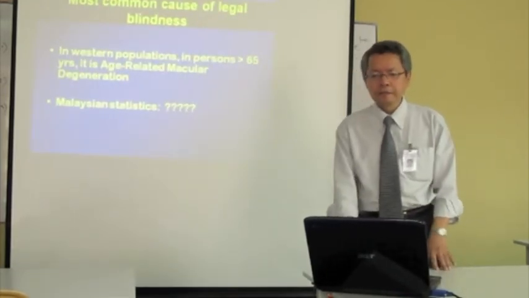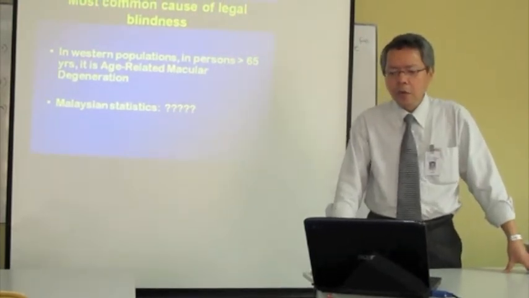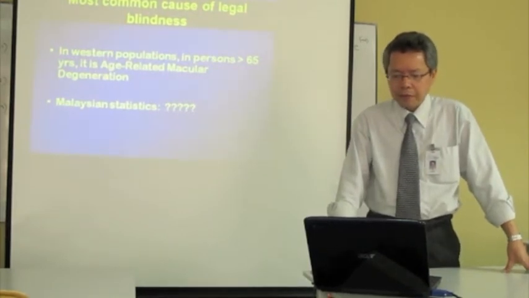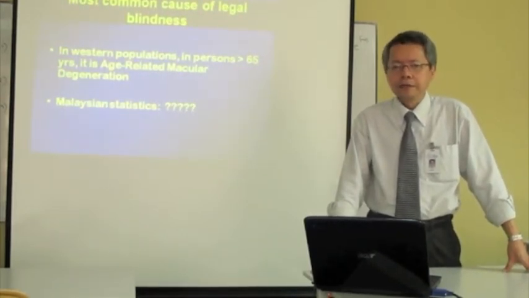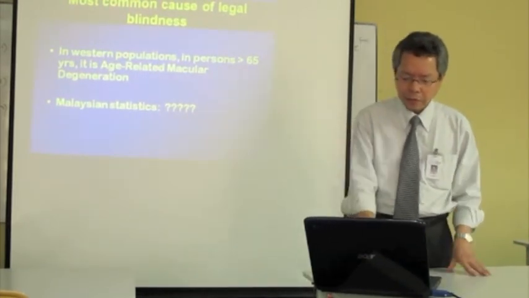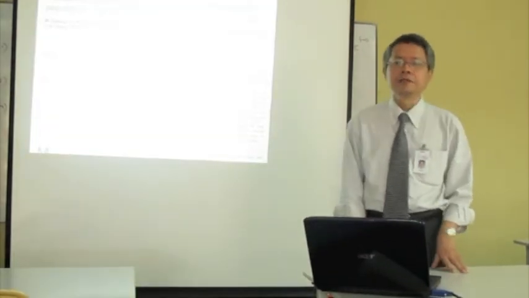In as far as blinding conditions are concerned, in the Western population, you find that in older people, in the older population, defined as more than 65 years, a disease called age-related macular degeneration seems to be the most common cause of legal blindness. What about in Malaysia? Vision statistics are slightly different.